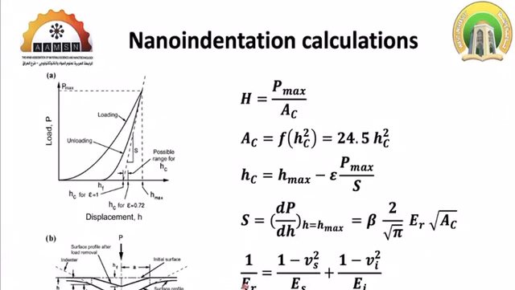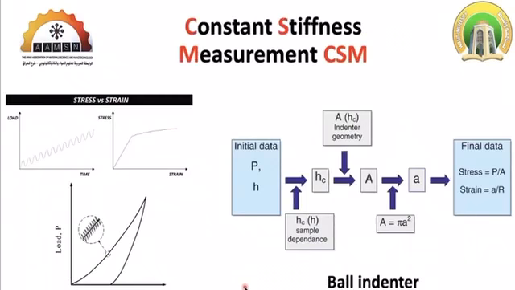Is it the end of the story of nanoindentation? Of course not. It is only the beginning. We have many other modes by which we can extract different mechanical properties.